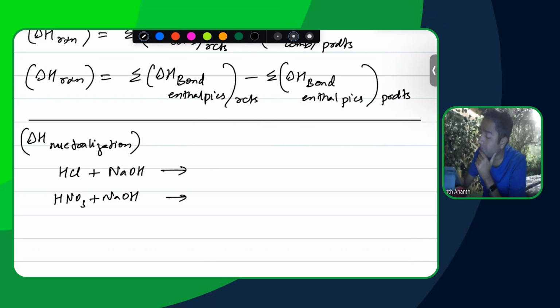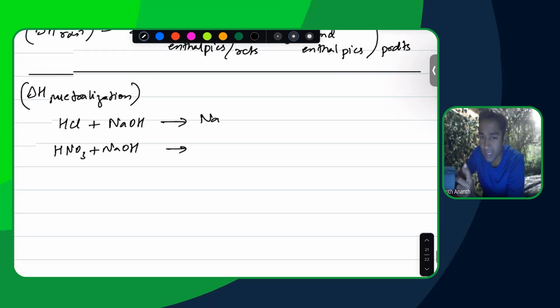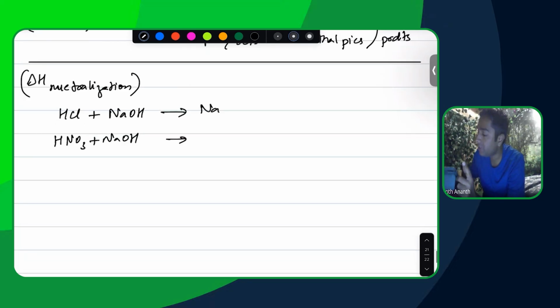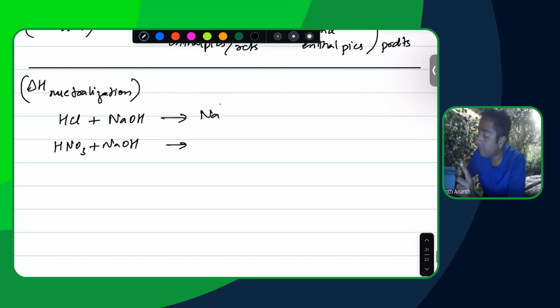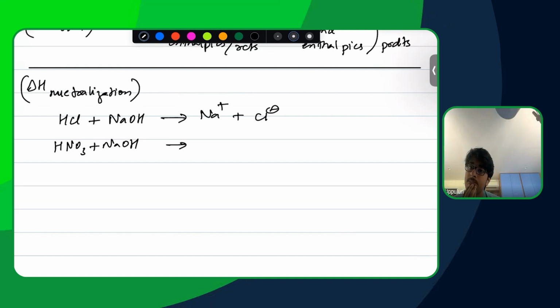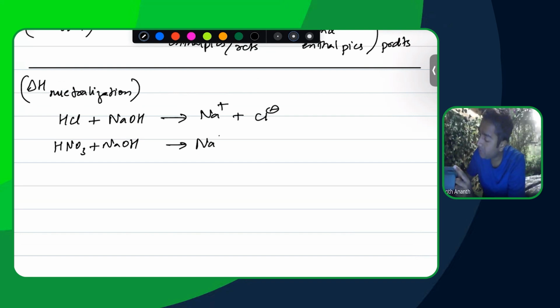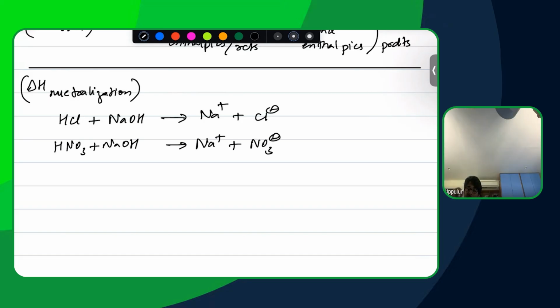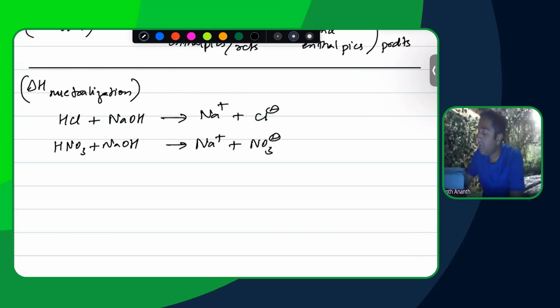The reaction will give me NaCl, but the NaCl is not existing as NaCl really, right? It is actually existing as Na+ plus Cl-. Both are spectators. Same way here, I'll have Na+ plus NO3-. Both are spectators as well. And I'll have H2O as the product, other than these two.